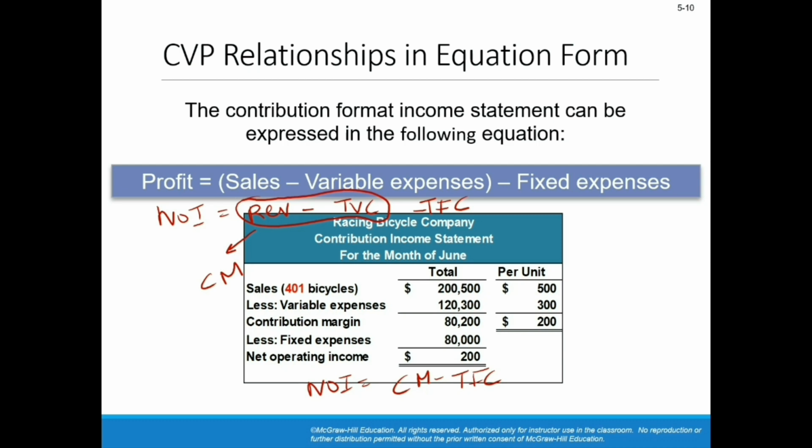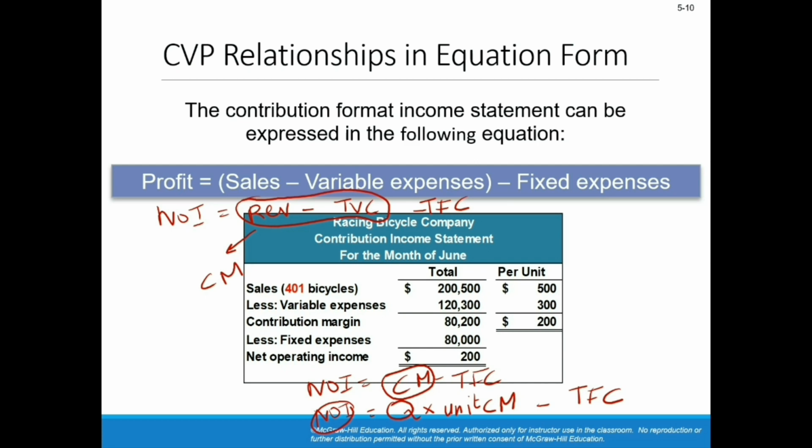And if you break this figure further down, you can get the number of units multiplied by unit CM, minus total fixed cost. So now, if I ask you what is the needed number of units to be sold in order to break even, it means that net operating income is equal to zero.